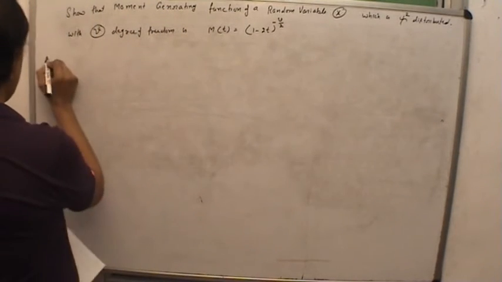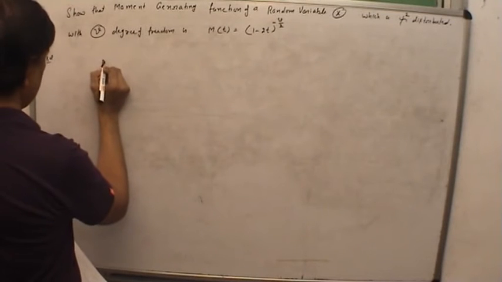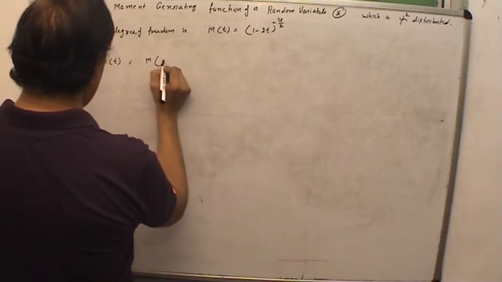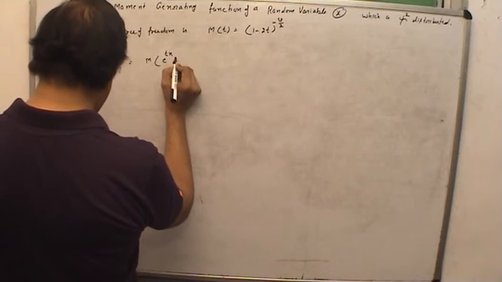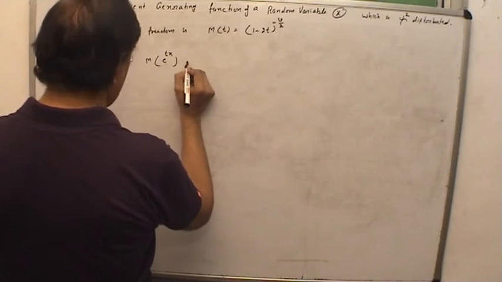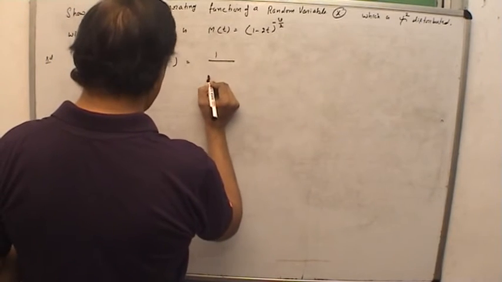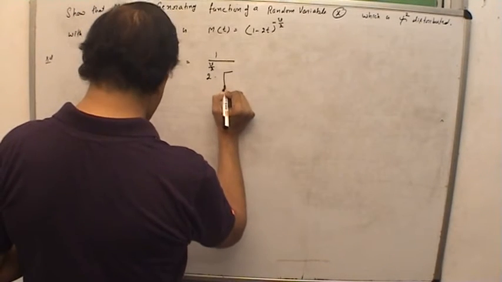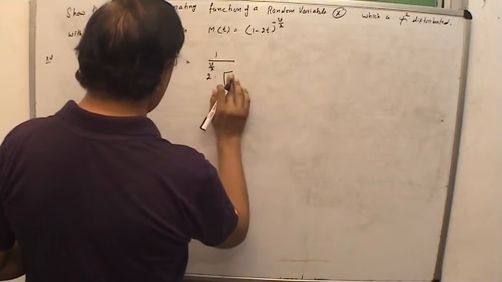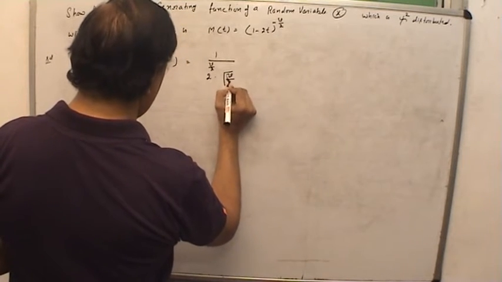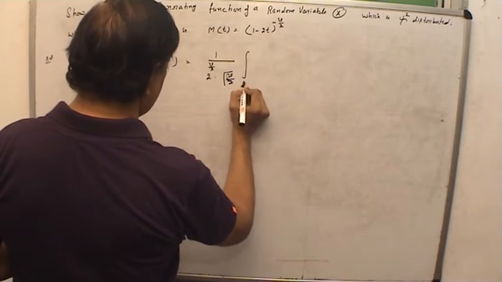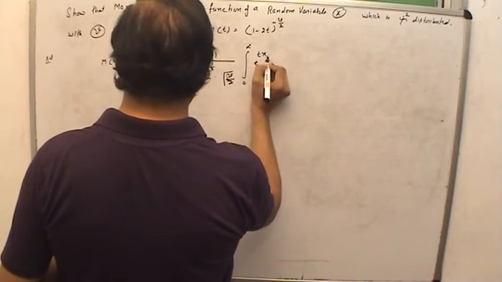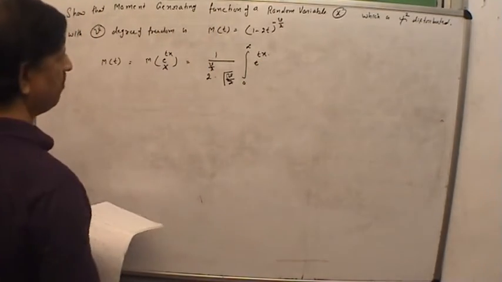So in the solution, we write our function M of t, that is equal to E of e raised to the power tx, that is equal to 1 upon 2 raised to the power v by 2 into the gamma function of v by 2, into the integration from 0 to infinity of e raised to the power tx, that is this function, value of t.